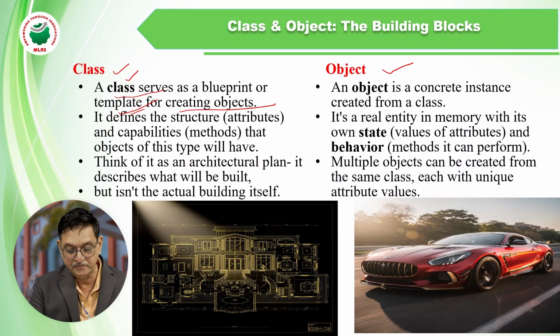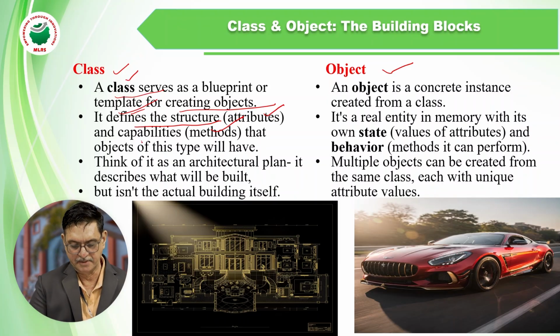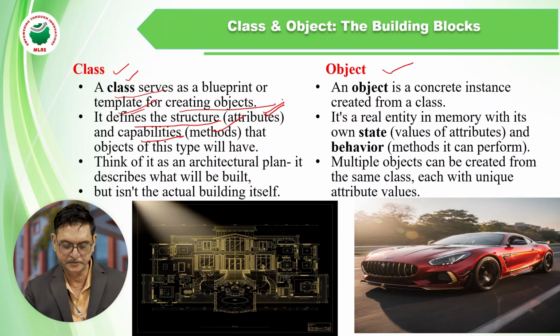So the class includes all required template information for creating the objects. The class defines the structure. The structure includes attributes and methods. The methods we call capabilities. The structure, represented by the attributes and methods, we can identify as the capabilities of the real world entities.